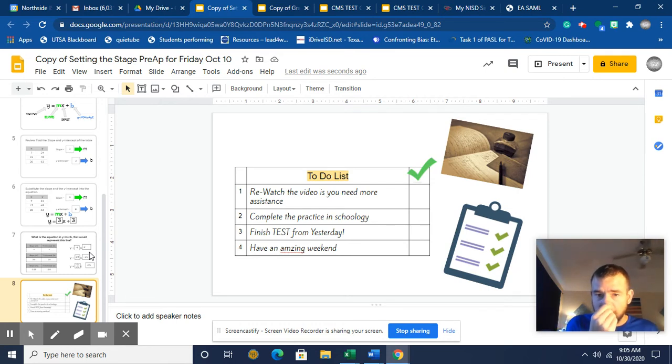So here's your agenda. If you need to go back and rewatch this, you obviously have the ability to because this is in your Schoology, so you can pause it, rewind it, take notes. I suggest if you are taking notes, which you should be, write down that vocabulary and make sure that you know y is the output, m is the slope, x is the input, b is the y-intercept. And so really today we're not working with the y and the x.